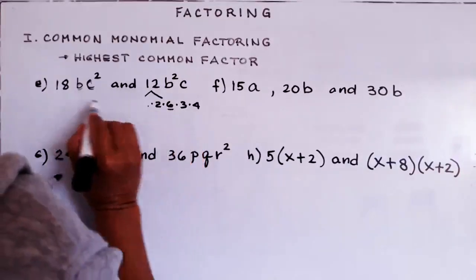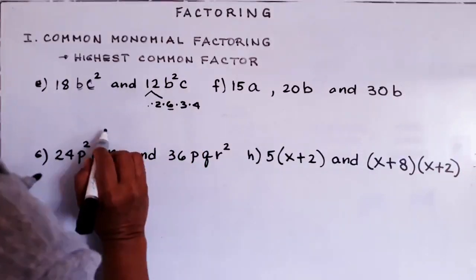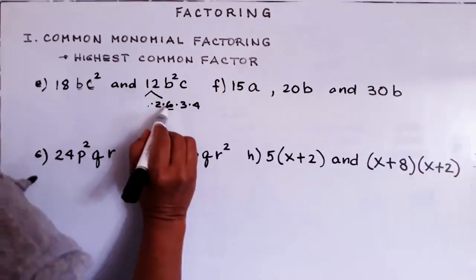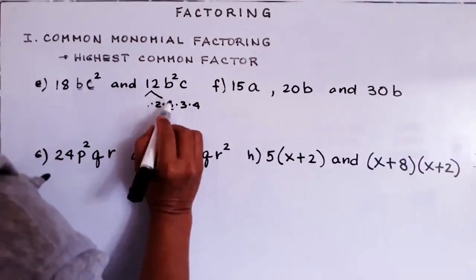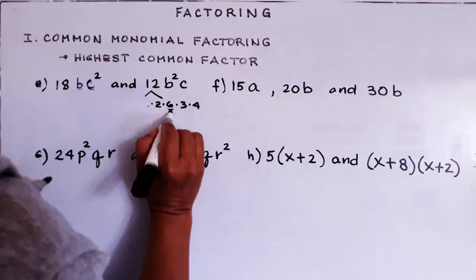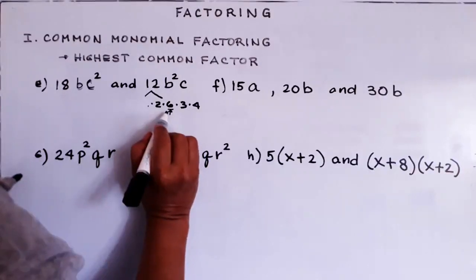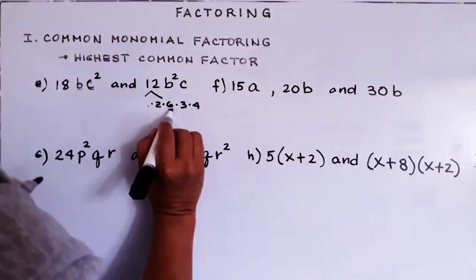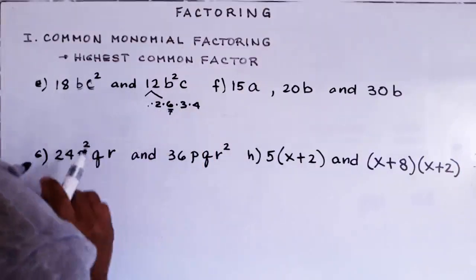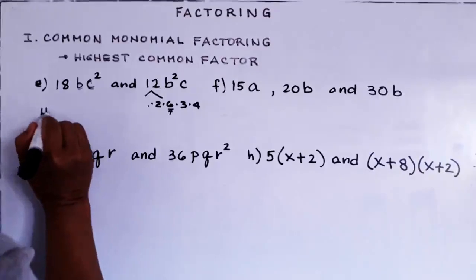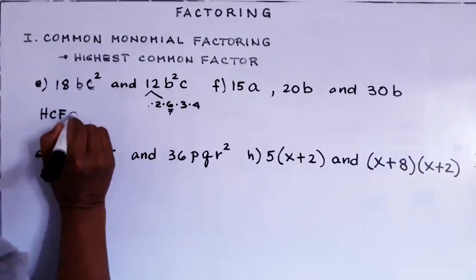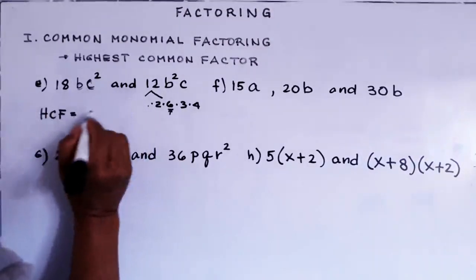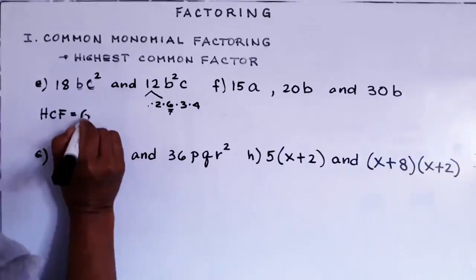Do you have 6 and 18? Yes, because 18 divided by 6 is exactly 3. So we are going to choose this one. We are not going to test anymore the 2, the 3, and the 4 because we have the highest here, which is 6. So we remove this one. So the HCF here, the number common to both of them, is the 6.